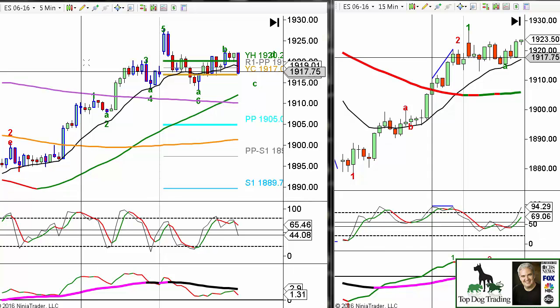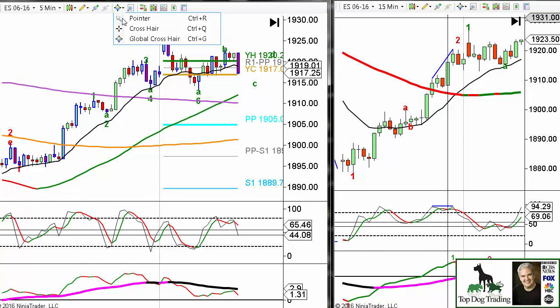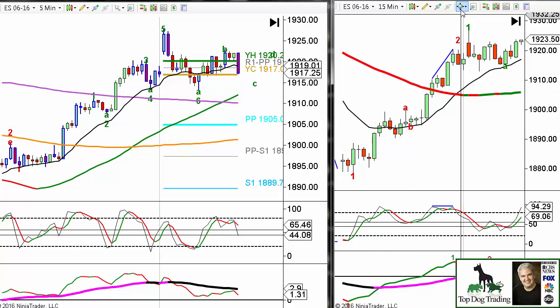Now, using multiple time frames is a very common technique used in technical analysis, and what I mean by that, just to be very clear, is over here we have a 5-minute chart, and then we would compare that on the chart to the right, which is a 15-minute chart. Now, don't get caught up in the time frames. I normally don't even trade a 5-minute chart too much.